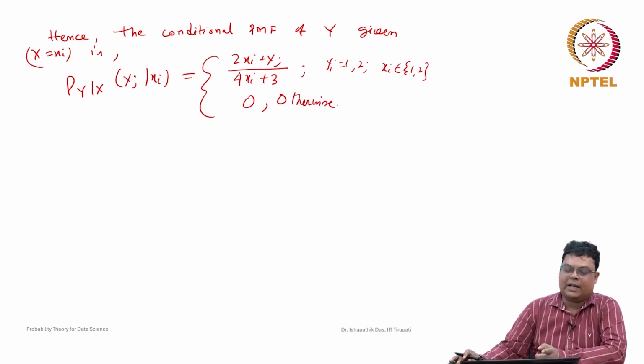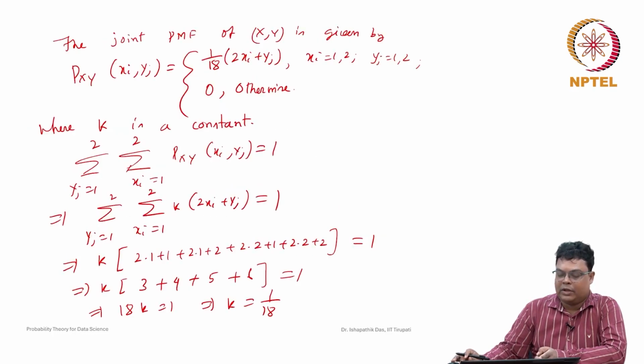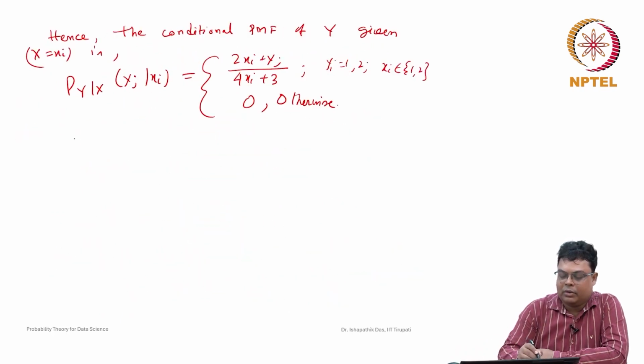Now it is asked to find the conditional mean. The question: compute the conditional mean and conditional variance of y given xi equal to 2. So we will put the particular value xi equal to 2.